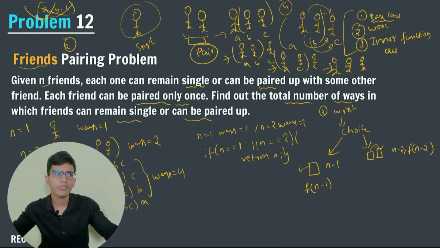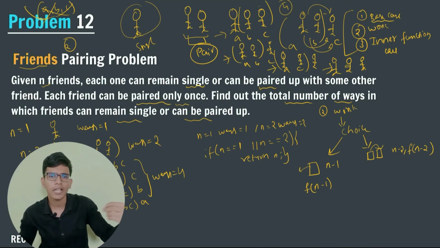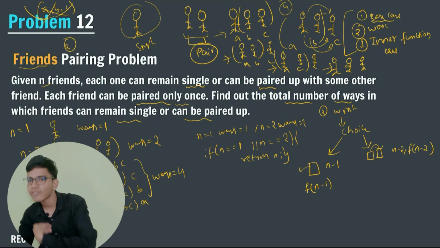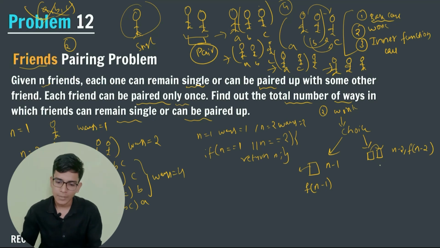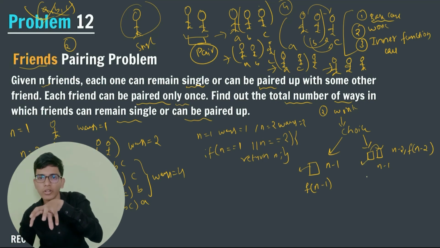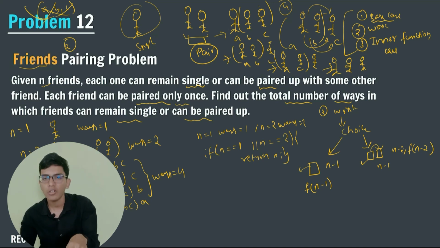There are 9 possibilities that I can pair with 9 different people. So here the number of ways can be n minus 1. So if I remove one person, he can make n minus 1 number of pairs, right?